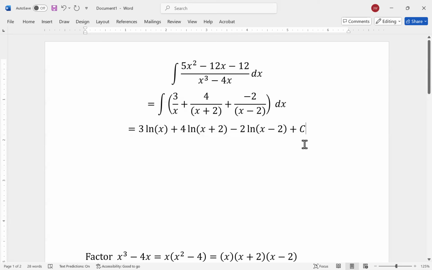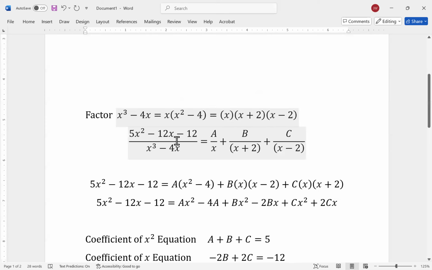So there you go. I want you to notice that in these ones that we've been factoring, they've always been factoring into distinct linear pieces. We're going to see what happens if we don't have that property in the next example.